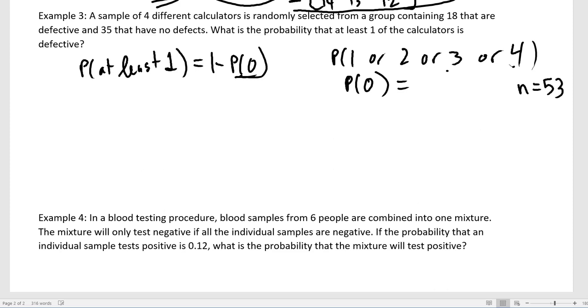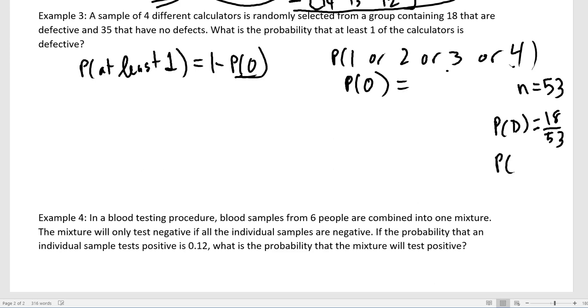What is the probability that I get one that is not defective? I mean, were there 18 or 35 or not? So the probability of defective is 18 out of the 53.